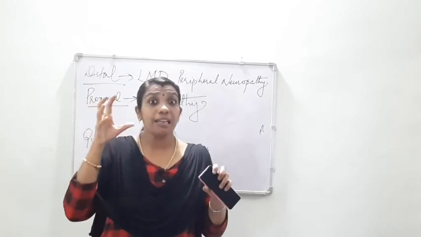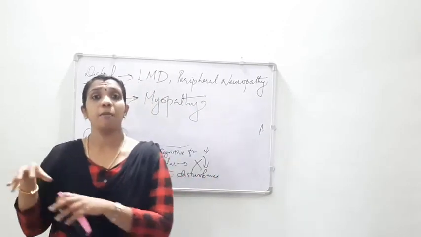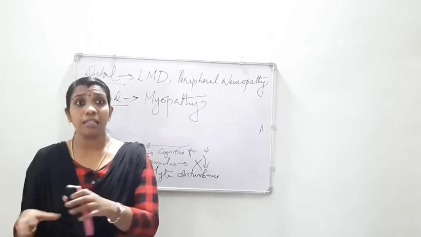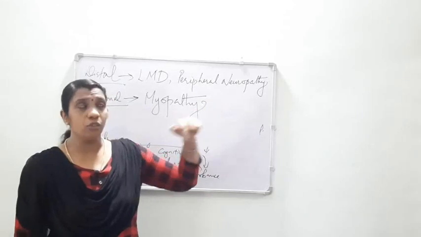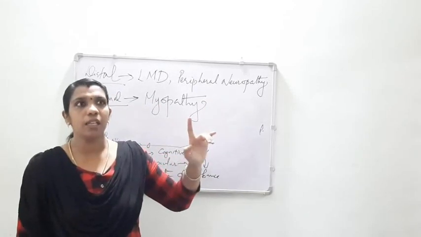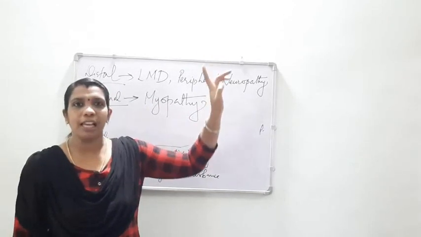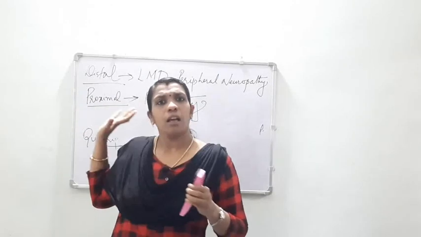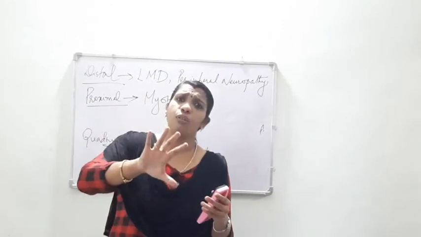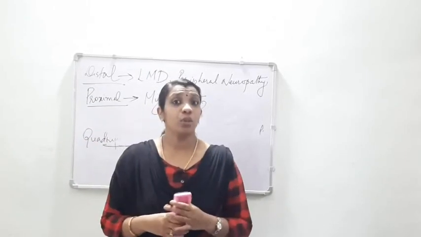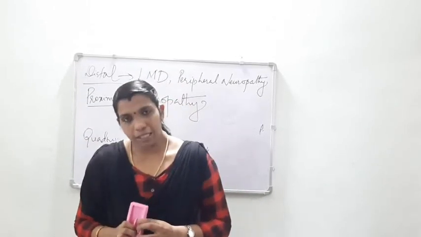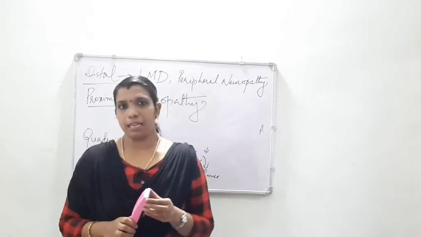If you are understanding what type of weakness and paralysis this is, then you will think about where the lesion will be. Like that you can diagnose by this session. So you go for the particular investigation. You understand? So by this we are concluding weakness and paralysis.